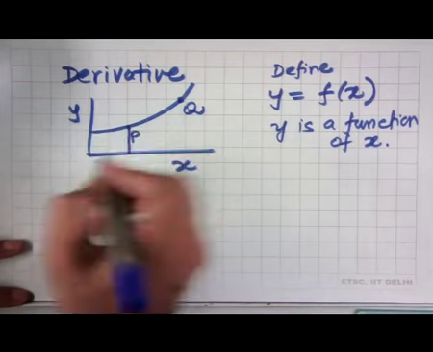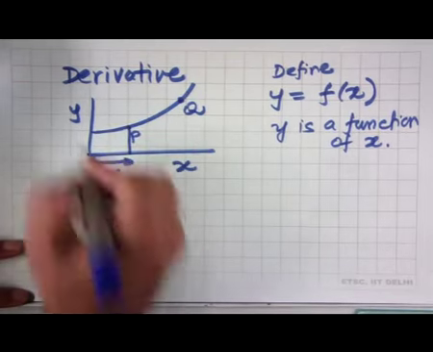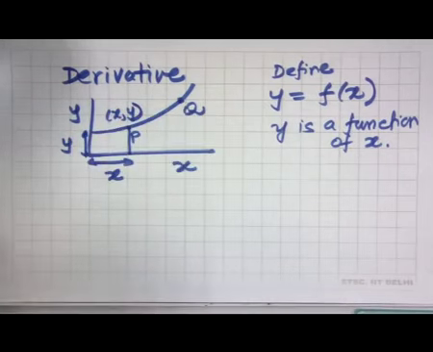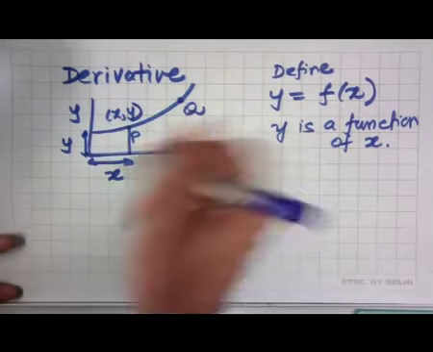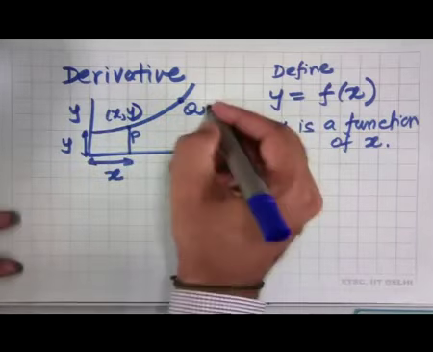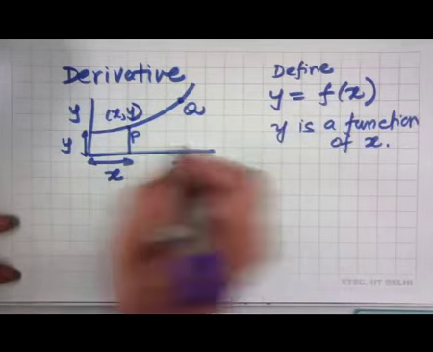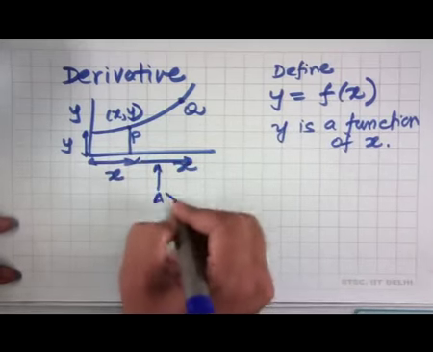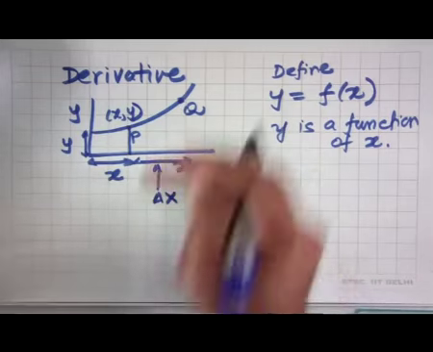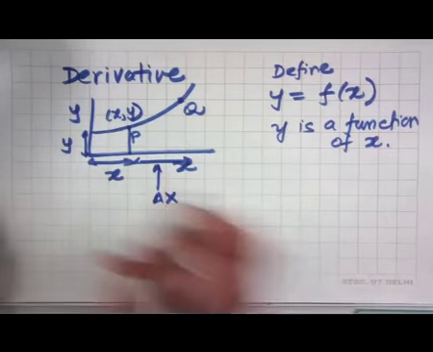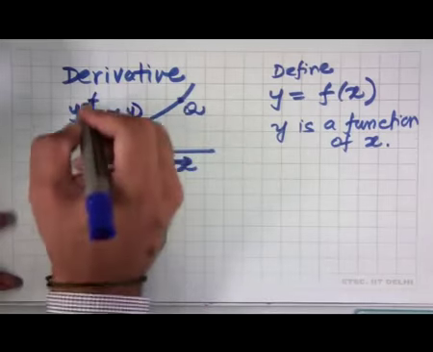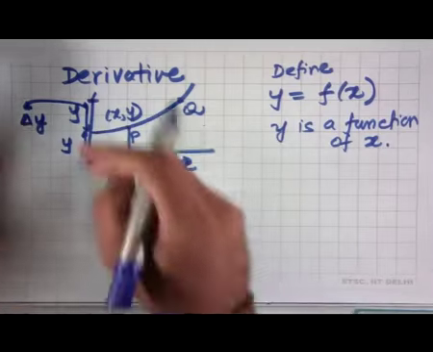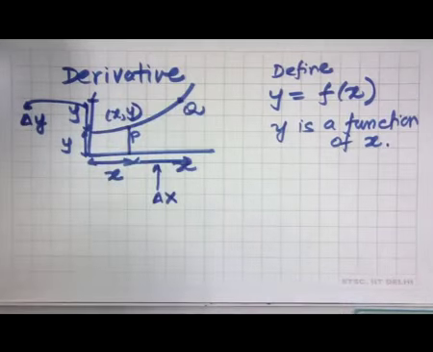Now, let us say the coordinates of point P are x and y, and point Q is located at a distance delta x away from P in the x direction, and at a distance delta y away from point P in the y direction.